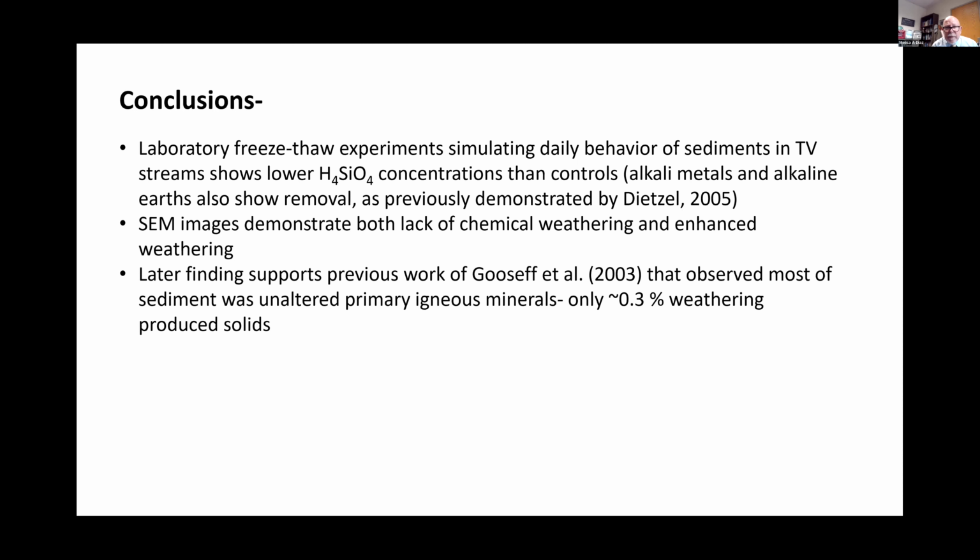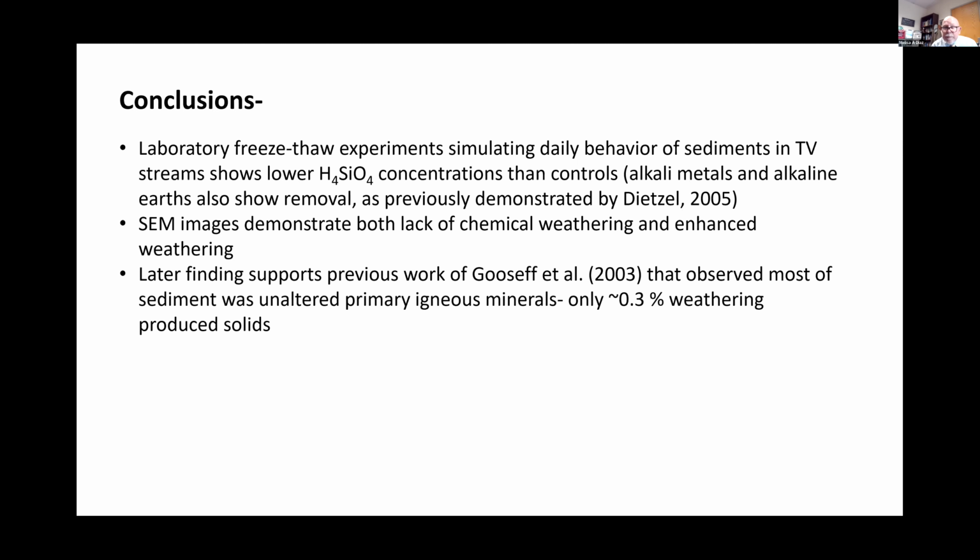And this supports some of the early work on the LTER done by Mike Gooseff and Diane McKnight and others, published in 2003, looking at sediments in the Fryxell Basin streams. Most of the material they saw was unaltered primary igneous material, just like I just showed you.